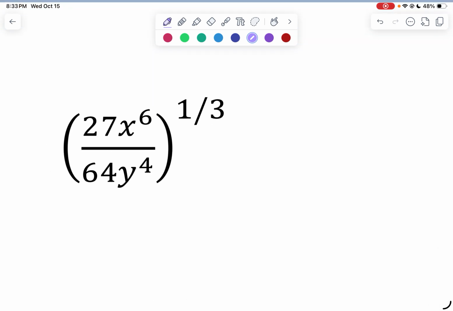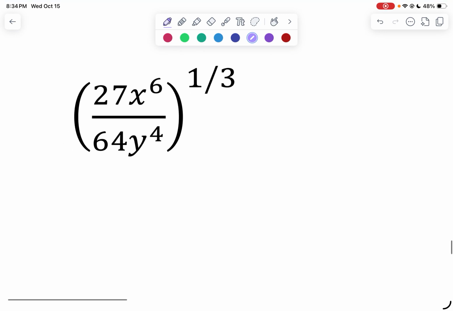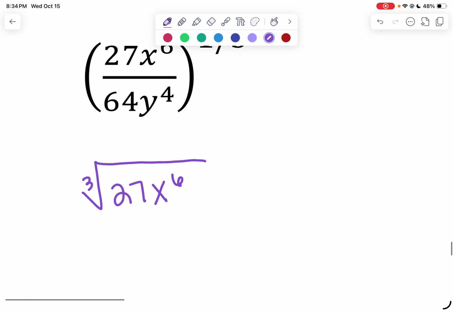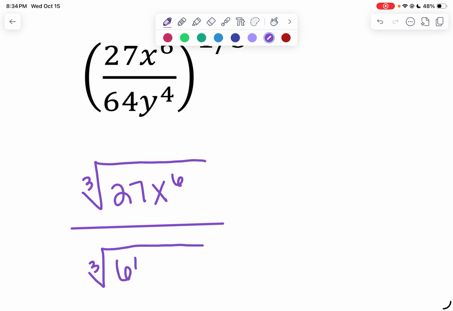So right here, I have everything to the 3rd power, which means that everything is going to be to the cubic root. So no negatives, don't have to worry about that. So my numerator is going to be the cubic root of 27x to the 6, which simplifies, and I'll deal with that in a little bit. My denominator is going to be the cubic root of 64y to the 4th. Okay.